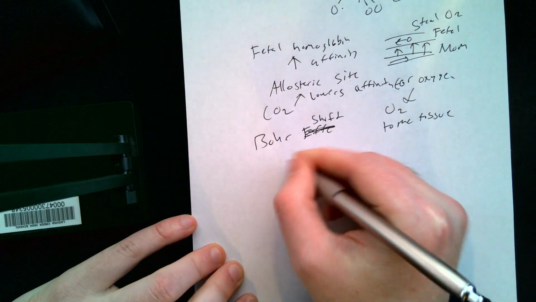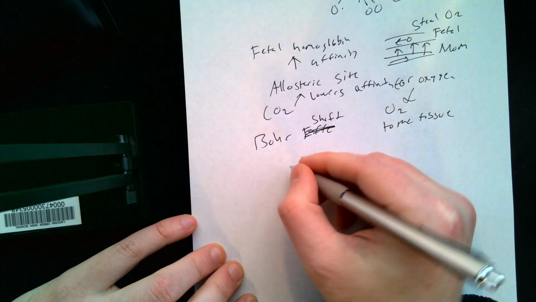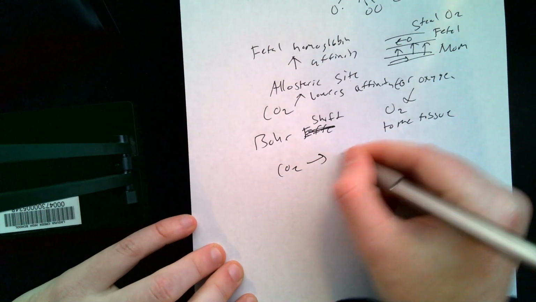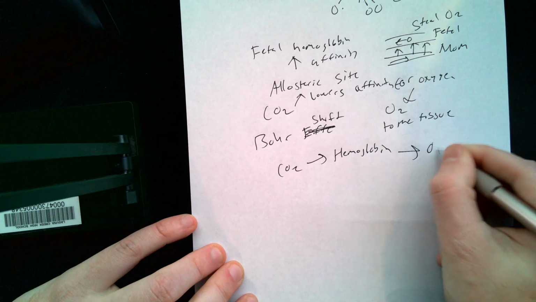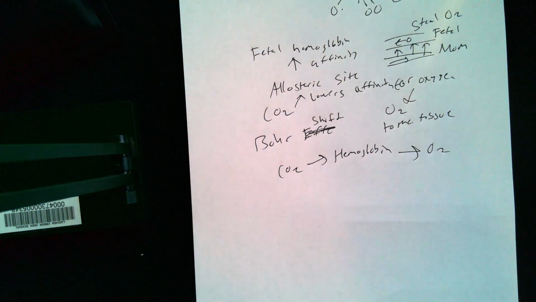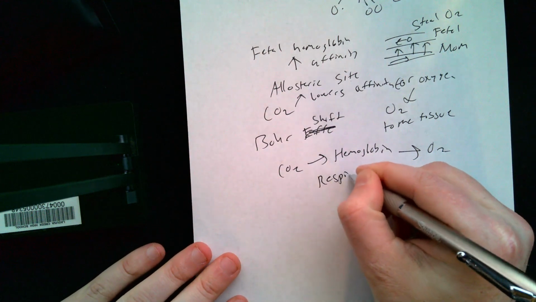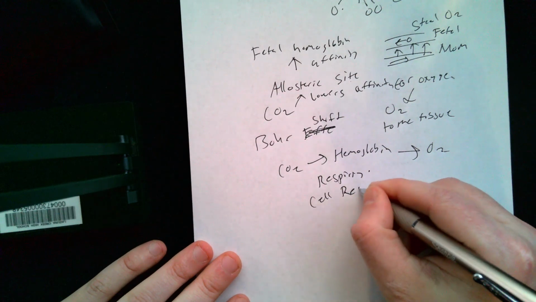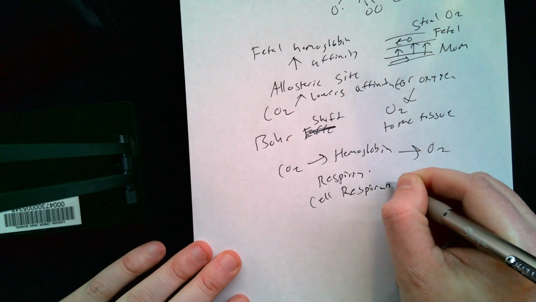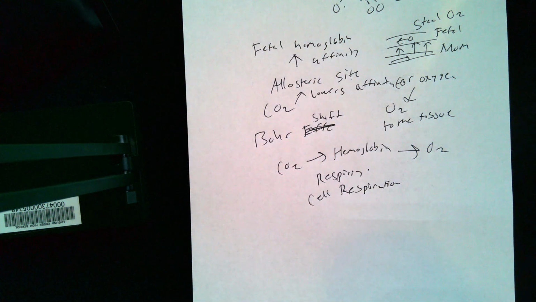What the Bohr shift does is CO2 will bind to hemoglobin, and it will cause it to release the oxygen, thus helping respiring tissues. And by respiring, we mean ones that are doing cell respiration. And so this is then going to cause oxygen to be dropped off where it needs to be, instead of just randomly dropped off at different spots.